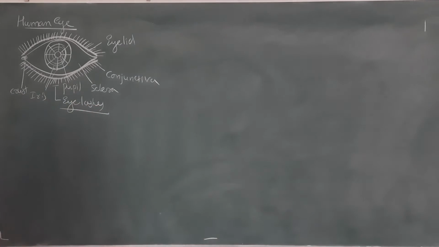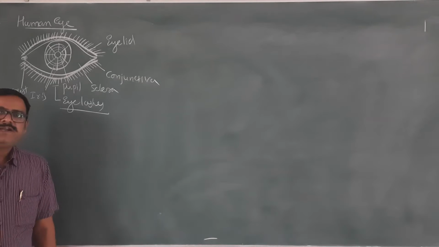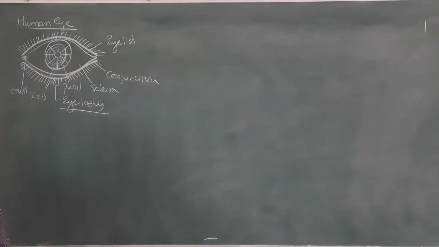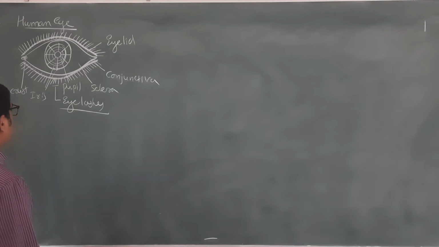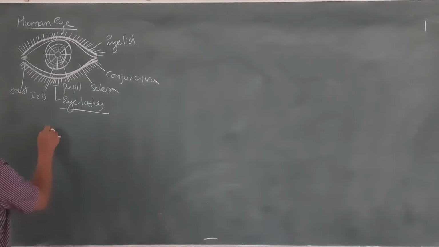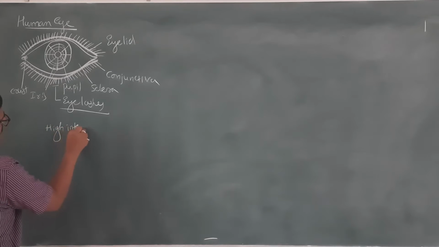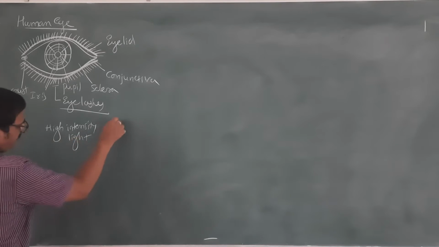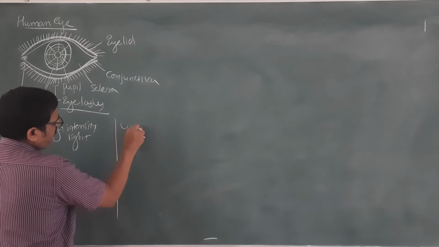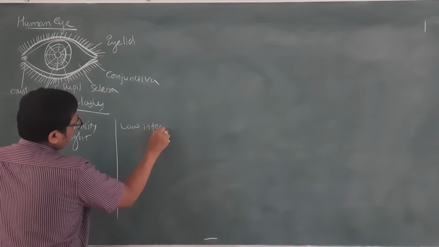You need to understand how the light actually gets accommodated, when we talk about the eye functioning for high intensity light as well as low intensity light.